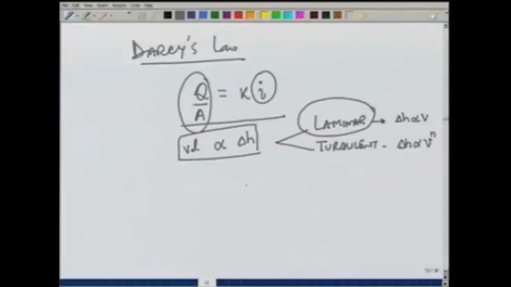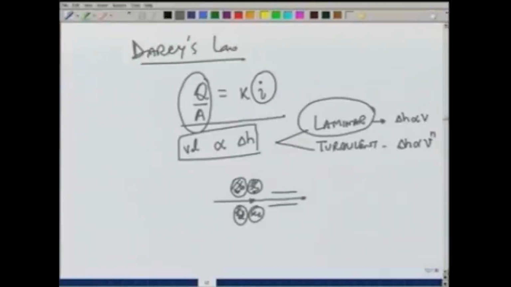So, let us look at flow through a pore, and for simplicity let us say that we have these kind of soil particles and there is a porous tube through which water is flowing.